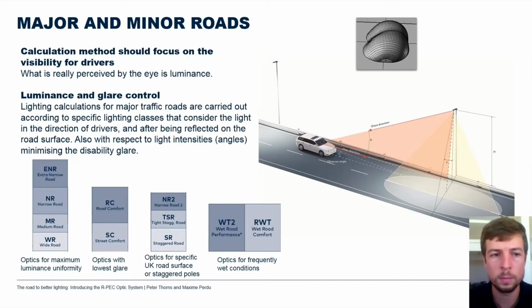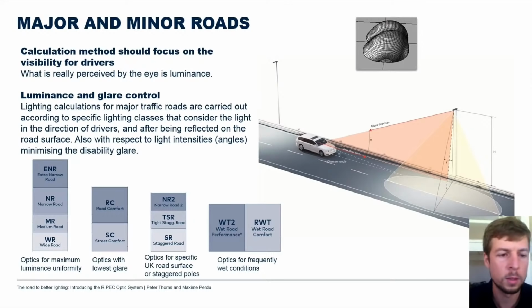So that's why in the R-PEC system we made optics in order to ensure compliance to the lighting standard, and also to have a choice between the optimization of the luminance uniformity and performances, or to choose to optimize the lowest glare possible. That's what we call the comfort of the R-PEC. And here we have a bunch of optics that are shown on the screen.